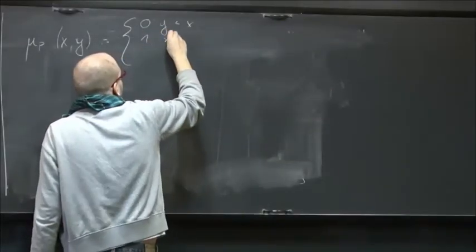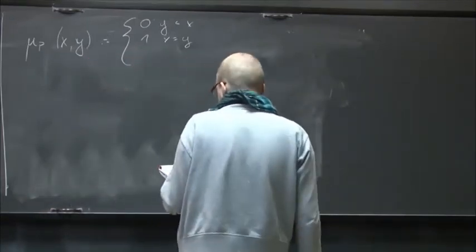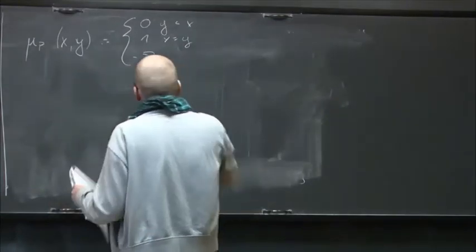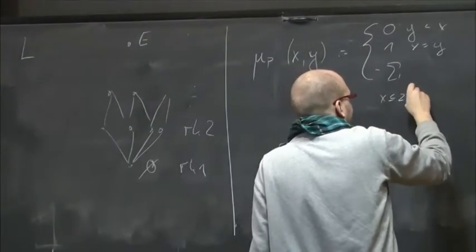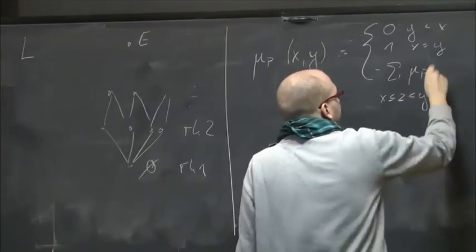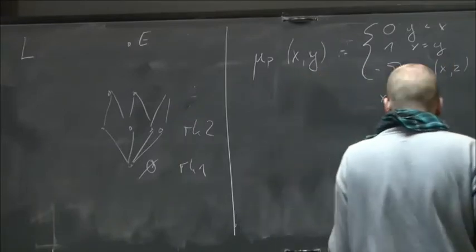It's 1 if x is equal to y. This is just our induction start. And otherwise it's minus the sum over x less or equal to z less than y of the Möbius function at x and z. Okay?